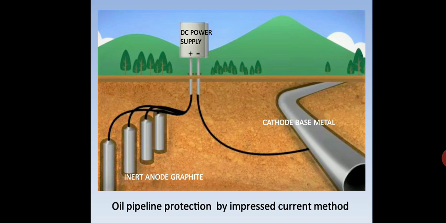At calculated distances, these inert anodes or graphite anodes are placed. In this manner, what happens? Continuously negative charge or electrons is supplied to the cathode. So when there is a supply of electrons externally, there will not be any natural reaction.